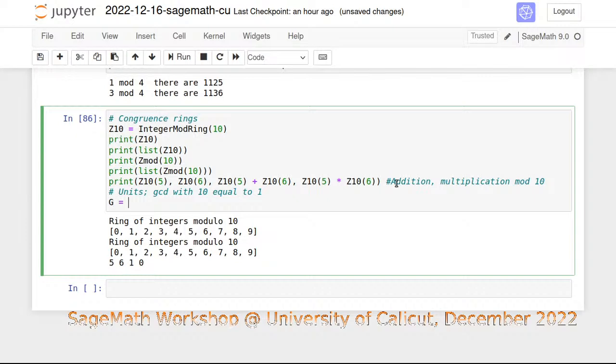So just take G to be equal to the elements u for u in Z10 if GCD of u with 10 equal to 1.